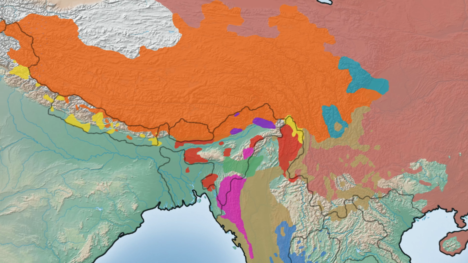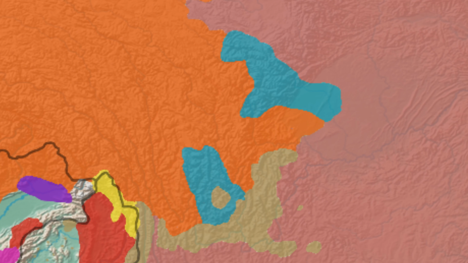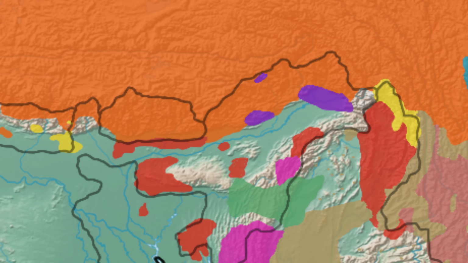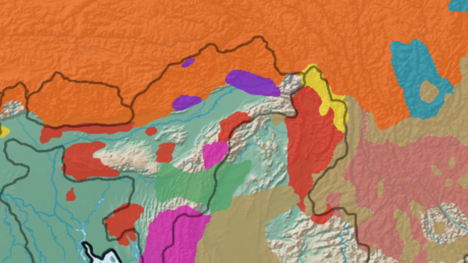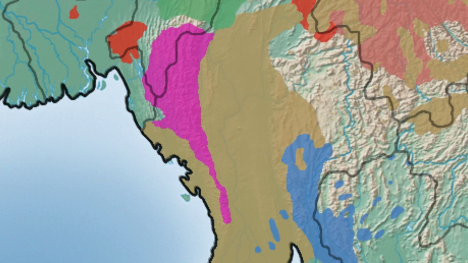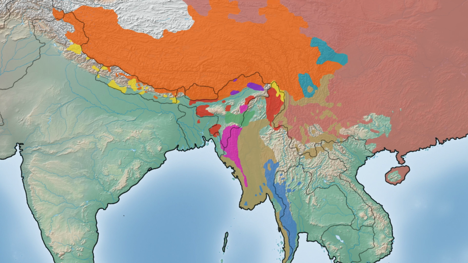The other subfamilies are Tibetic in orange, Qiangic in turquoise, Tamangic in yellow, Tani in purple, Sal in red, Meitei in green, Kuki-Chin in pink, and Karenic in blue. Languages in these subfamilies include Tibetan, Dzongkha, the national language of Bhutan, and Karen, which is split between Thailand and Myanmar.